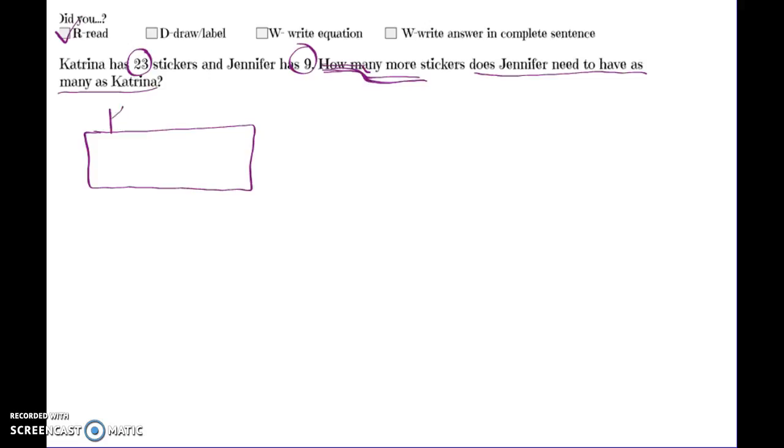So I'm going to write Katrina, and then 23. And then I know that Jennifer has 9 stickers. So I'm going to put 9, and then I'm going to label.